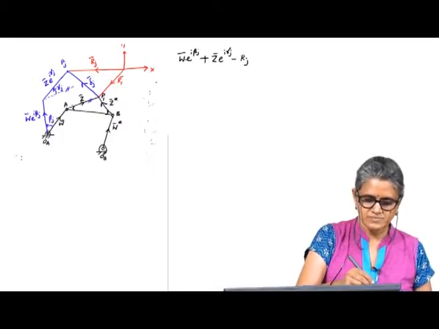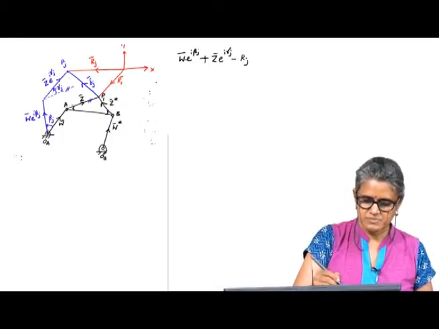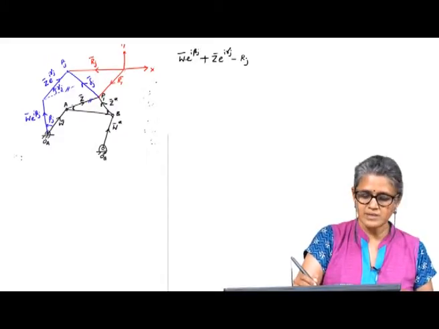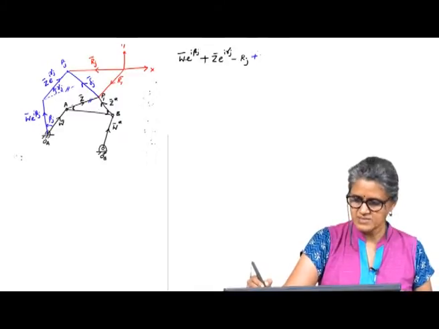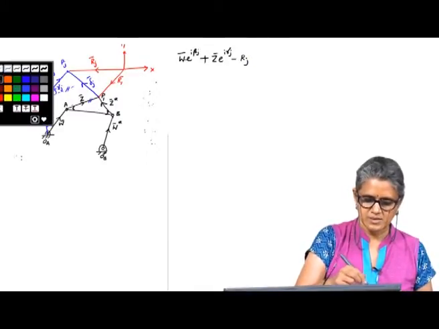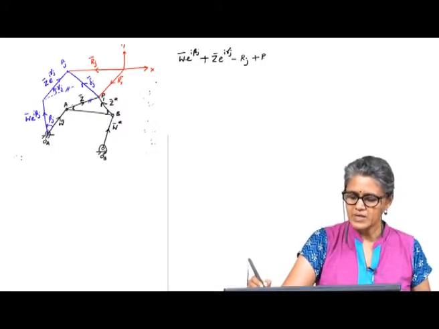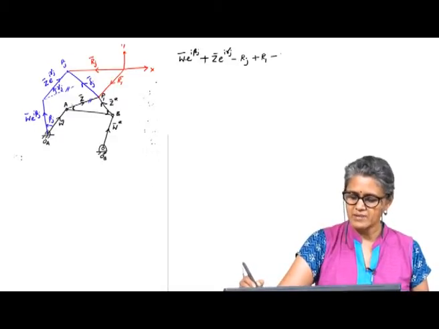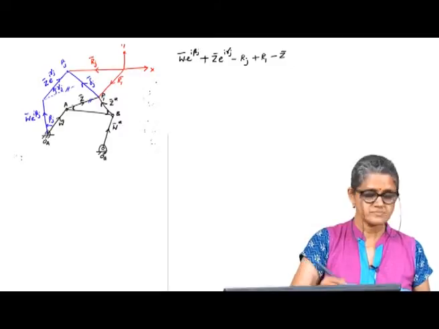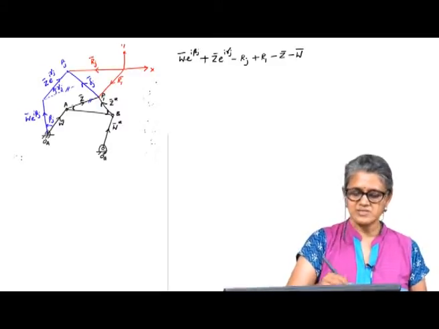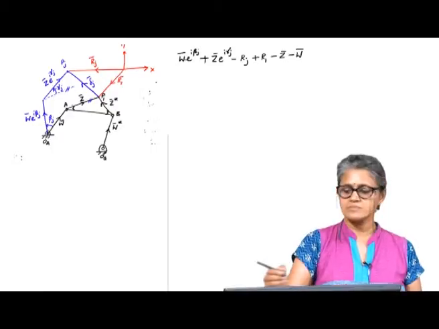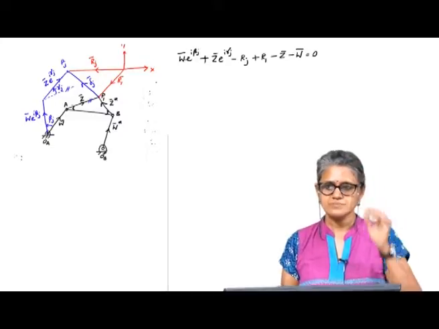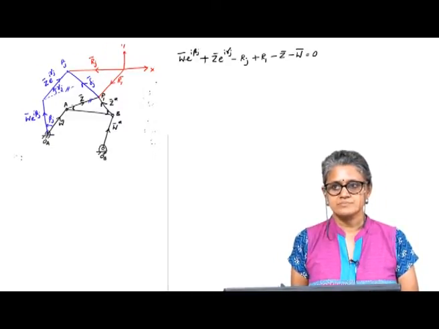So, this minus R j, then plus R1, minus Z minus W. If I traverse this path, I come back to the starting position. I am back where I started.